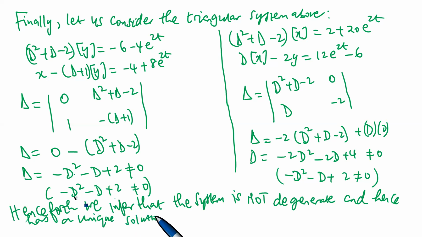Okay, if the delta was 0, then the system was going to be degenerate, and if it's degenerate, then it means you do not have a unique solution.